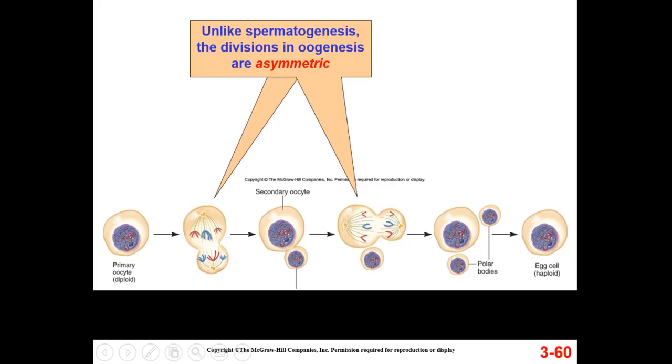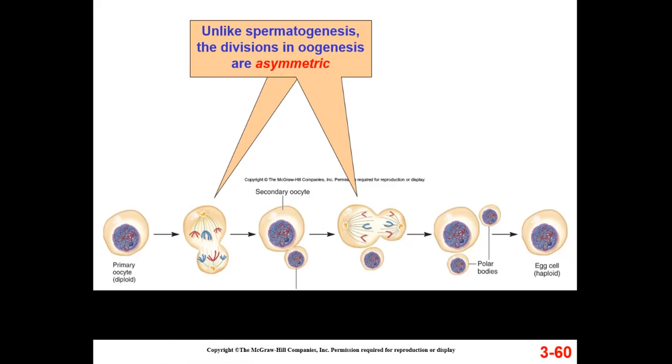This first polar body down here has two sister chromatids for every chromosome, and it has the opposite chromosomes from what the egg has. The second polar body has one sister chromatid for every chromosome, and it has the same genetic material as you would find in the egg. Why is that important? Because you could actually look at these polar bodies to determine what the egg looks like.